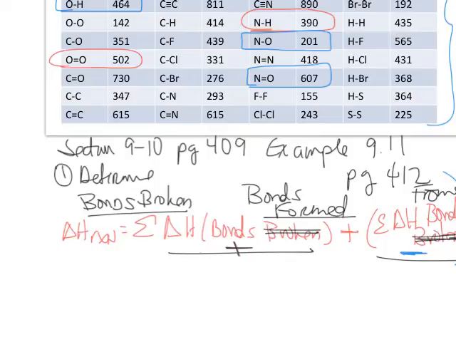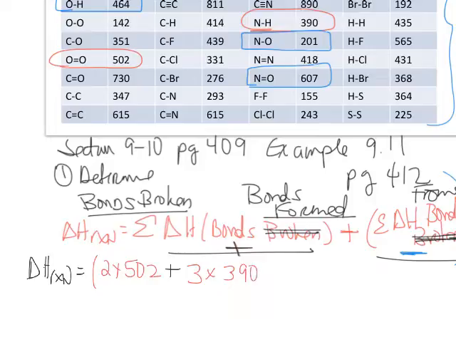So the delta H of reaction will equal, we'll do bonds broken in red. Remember, we had 2 times 502, because we have 2 oxygens, plus 3 times the NH, 390. And then we're going to add this, and remember, this is going to be the negatives.